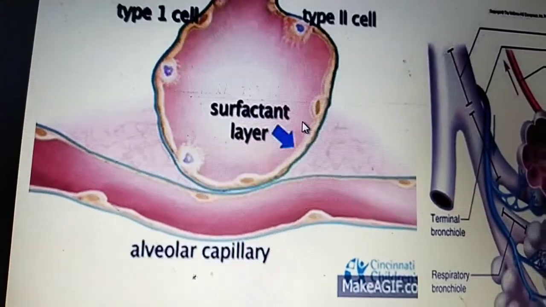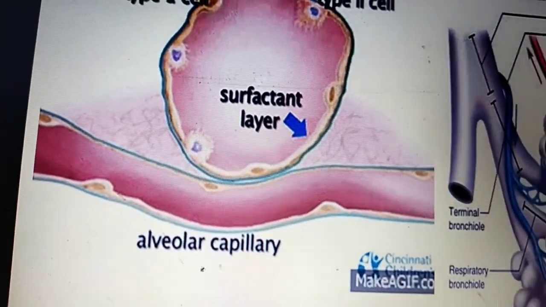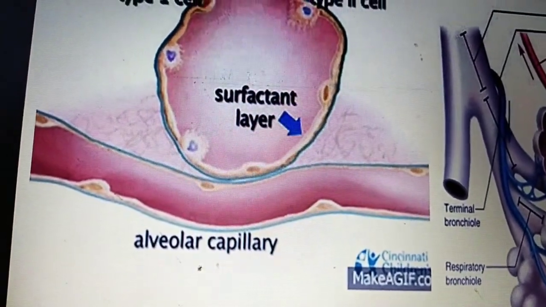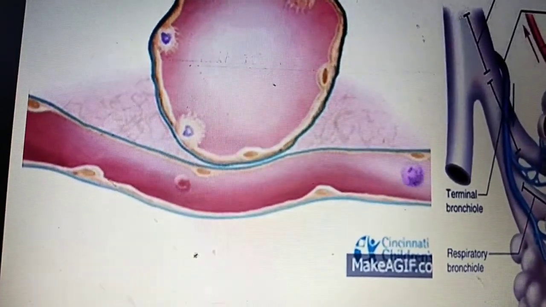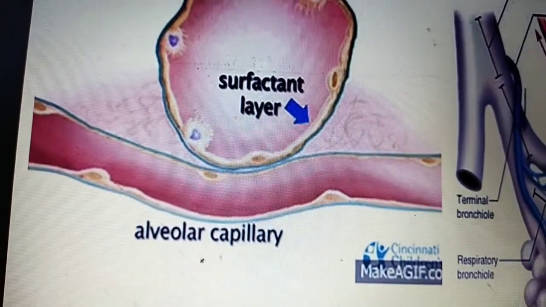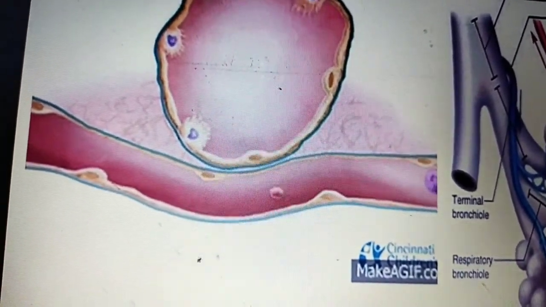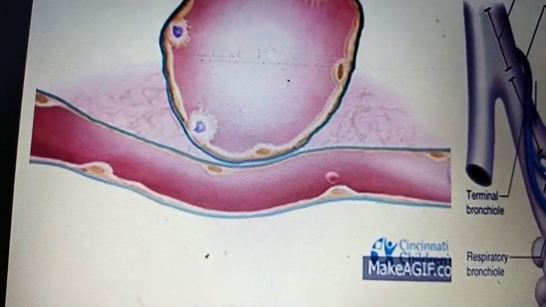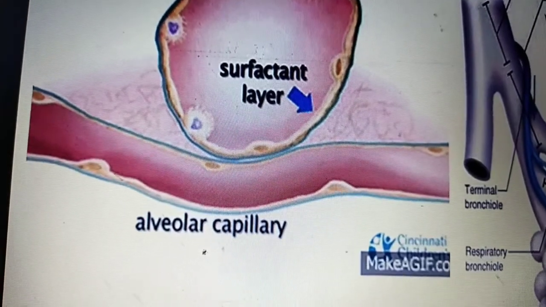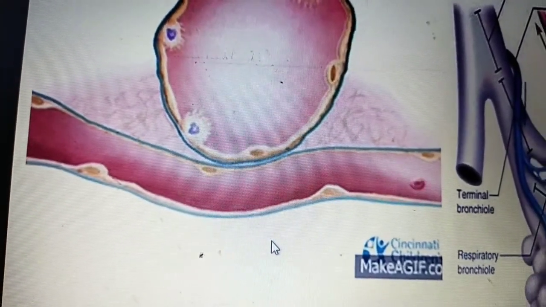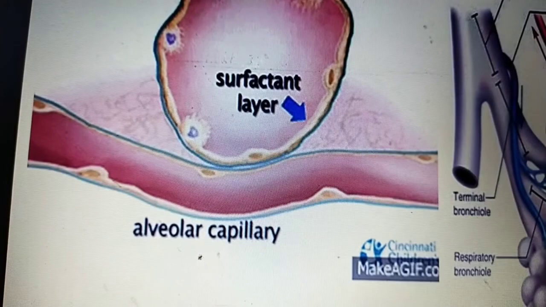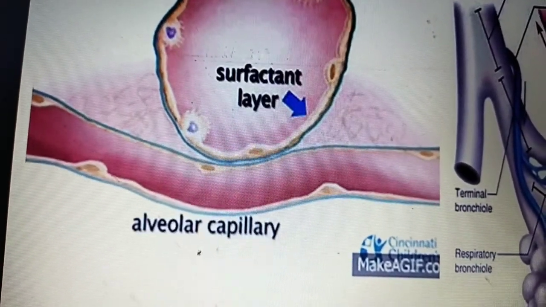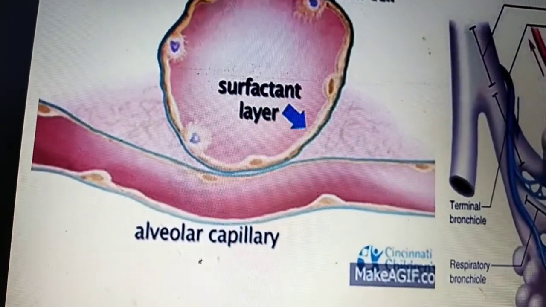Then what is meant by surfactant? The word is made of two words: surface and ant. Surface denotes surface active, and ant is agent, so it means surface active agent. The surfactant's meaning is a substance which tends to reduce the surface tension of the liquid in which it is dissolved.